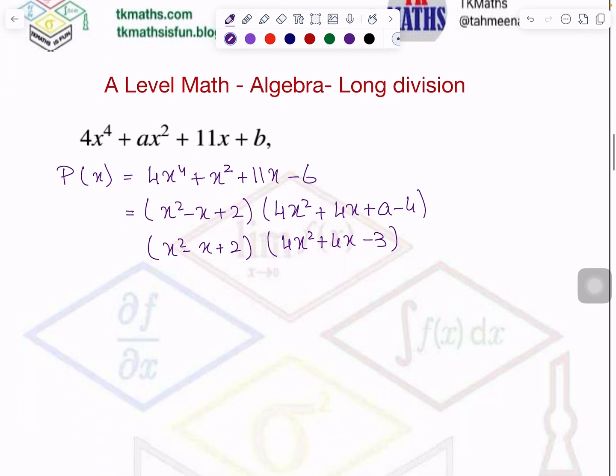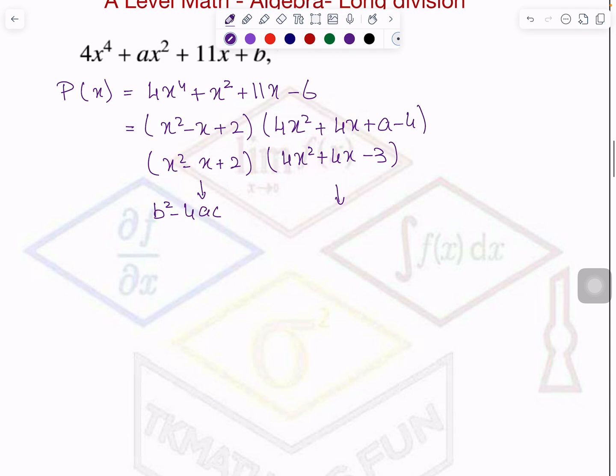So now I will see if I can find the root of this quadratic and the root of this quadratic, right? So the first thing is you always check with the help of what? Discriminant. So I'm checking it here, b square minus 4ac. If the discriminant is positive, or 0, it means a real root exists. Rather than applying the quadratic formula directly, you can use a calculator also, that will give you a hint.